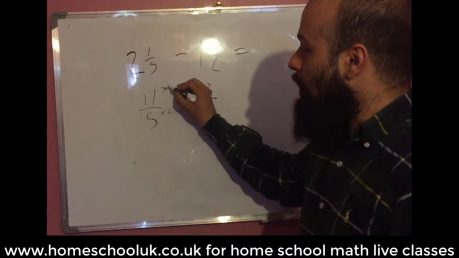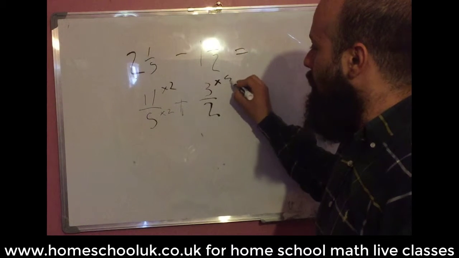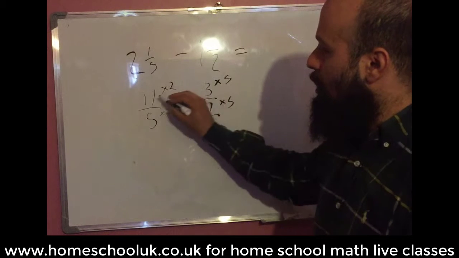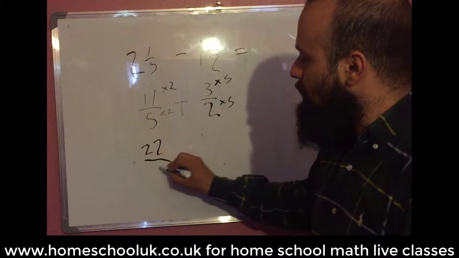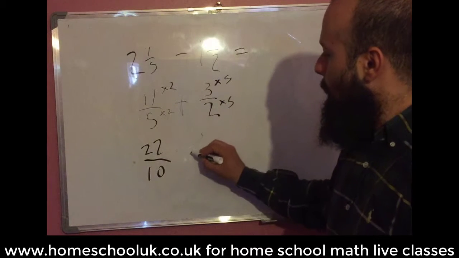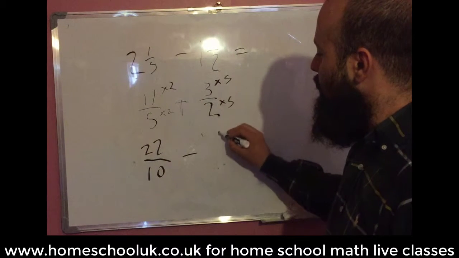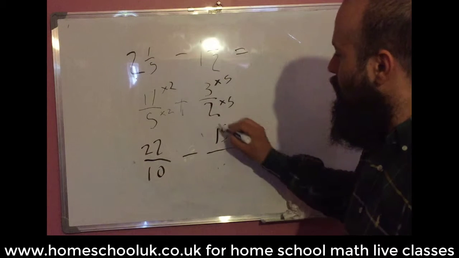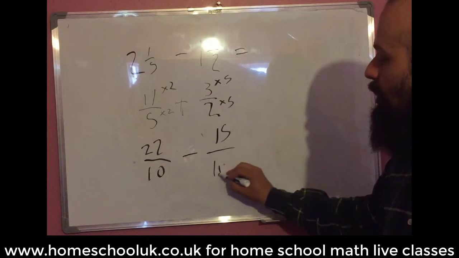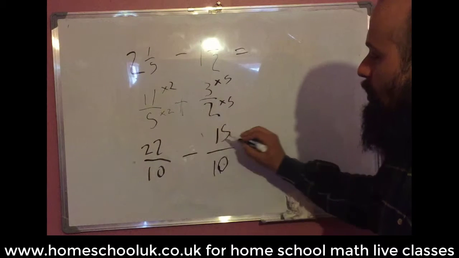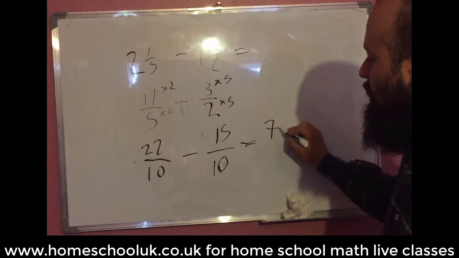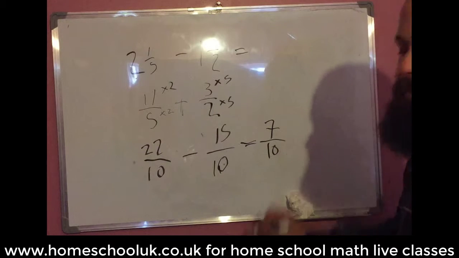This all times by 2, and this all times by 5. 11 times 2, 22. 5 times 2, 10. Minus 3 times 5, 15. 2 times 5, 10. Denominators are now the same, so I can subtract the tops. 22 minus 15, 7 out of 10.